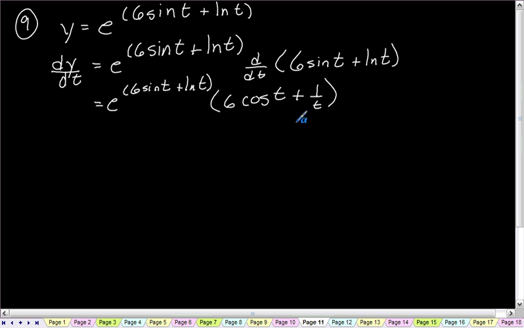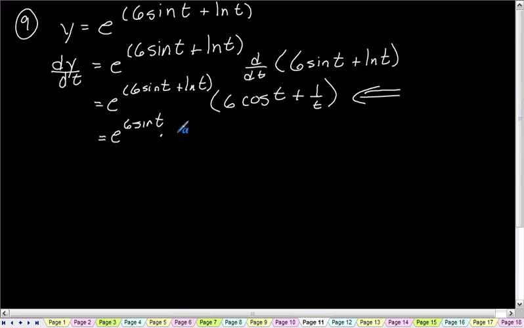Now I can use properties of natural logarithms to simplify it a little farther. This is enough for most problems, but there's something we can do here to make it a little simpler. If we do this, sine of t times, I'm allowed to do this because I'm adding in the exponents of a natural log of the e function.